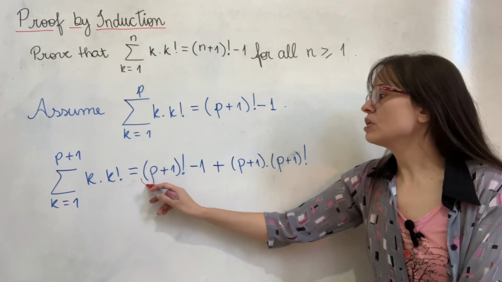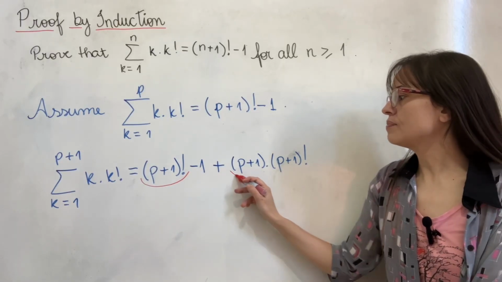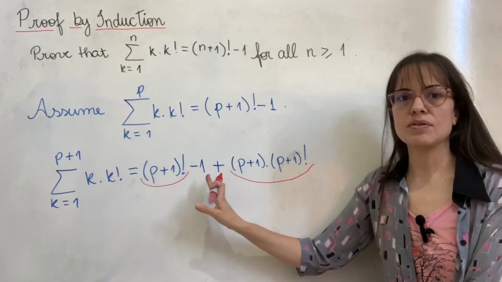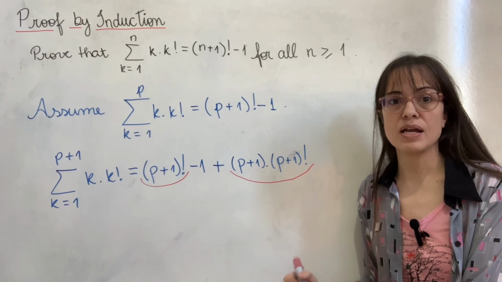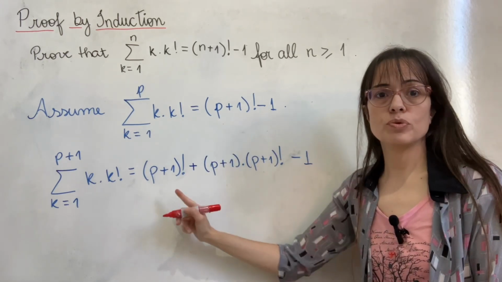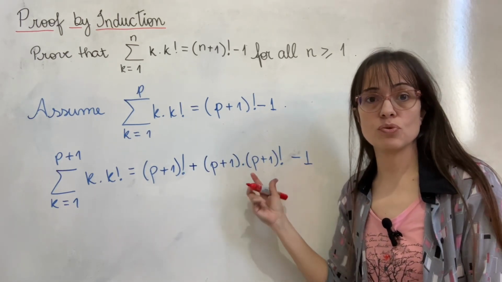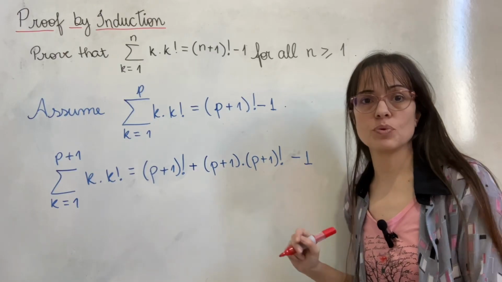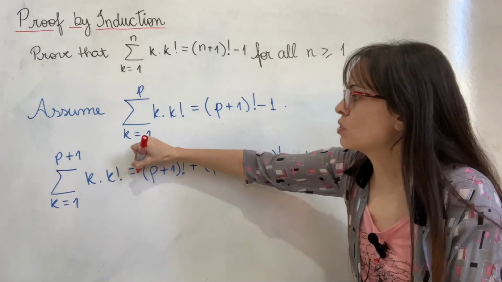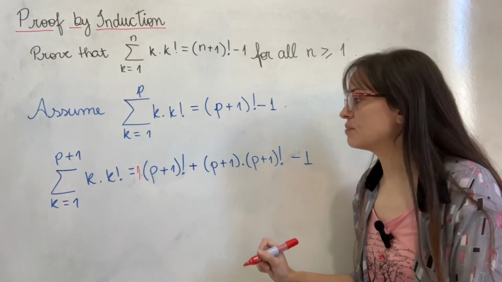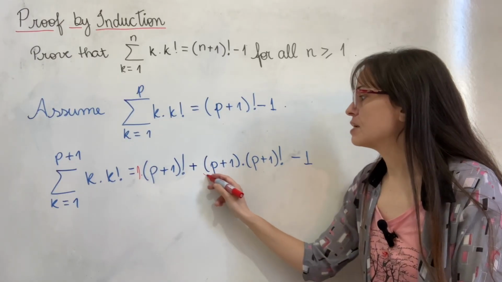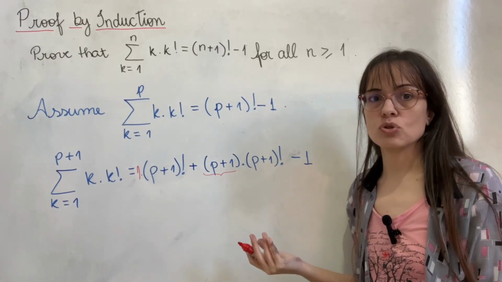And what I want to do now is put this one and this one together, leaving the minus 1 at the end, because now what I can do with both of those terms is to factor out a p plus 1 factorial. This one is just 1 times the factorial, and then plus p plus 1 of the factorial.